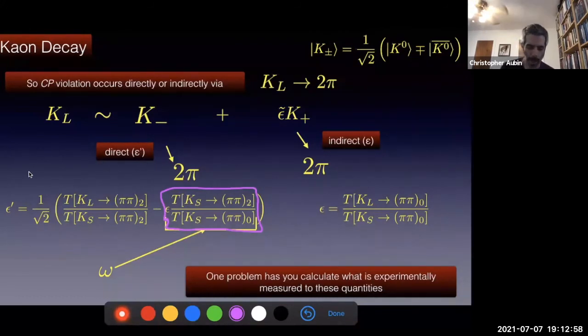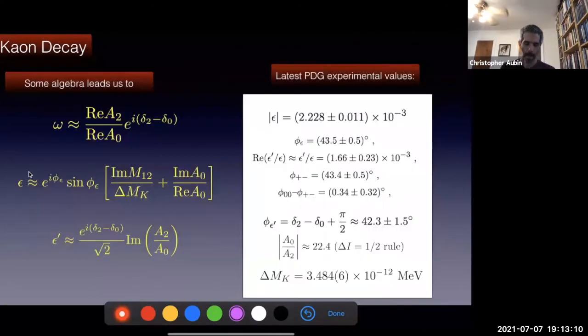So epsilon prime could be written as 1 over root 2 times this term minus omega. That'll be useful for both your homework as well as later slides. Because with a little bit of algebra and some simplification, you can find that omega is related to the ratio of the real parts of A2 and A0.